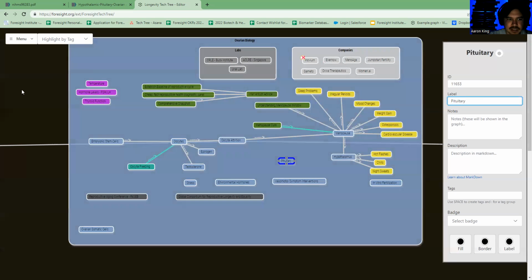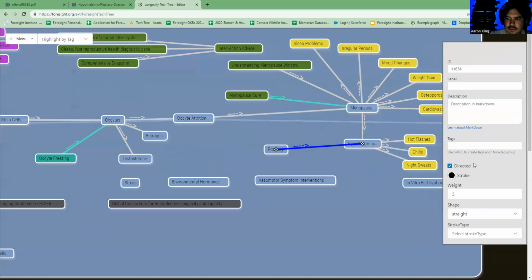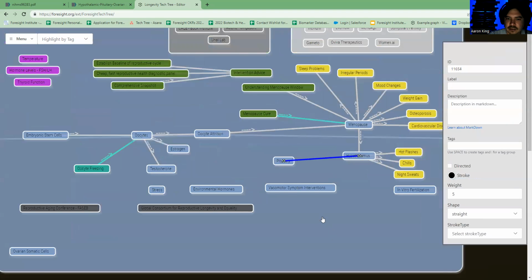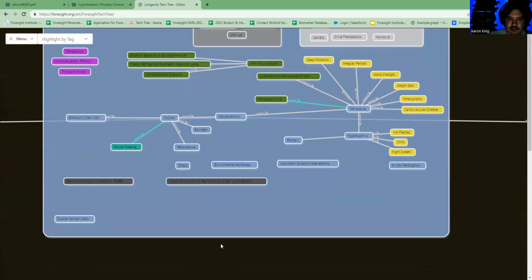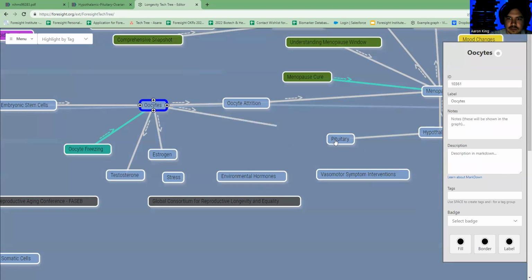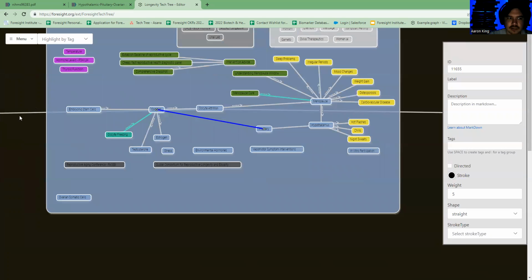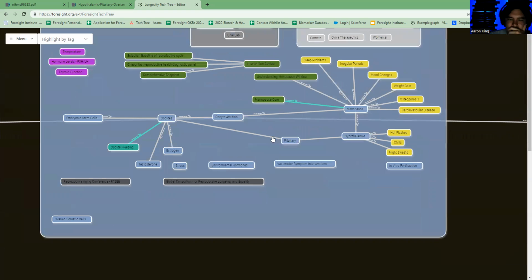The lag, we've got to fix this lag. All right, so there's non-directed hypothalamus, pituitary, and undirected.